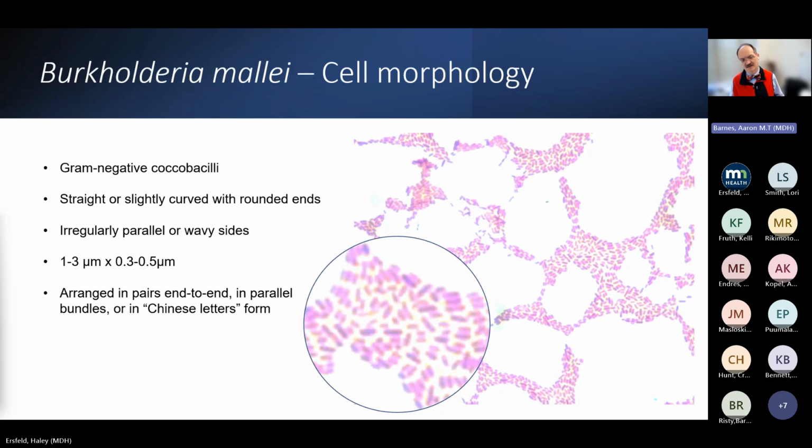Sometimes they stack together in duplex or triplex setups. Classically in the literature, these are called Chinese letters. I guess they kind of look like an ideogram if you look at them sideways. Never been my favorite description of them, but that's what shows up on board exams. So this is what mallei looks like. A little bit of a distinguishing characteristic, but just not a lot to work with there. Next slide.